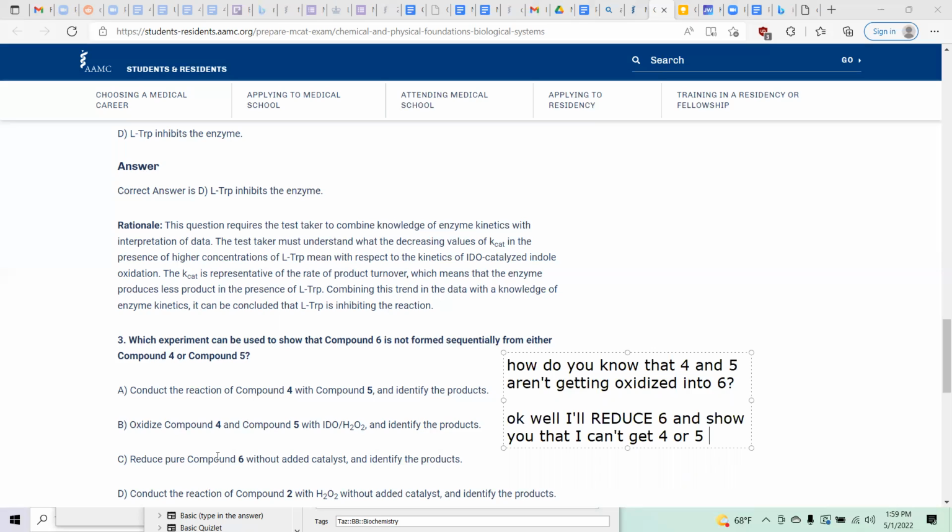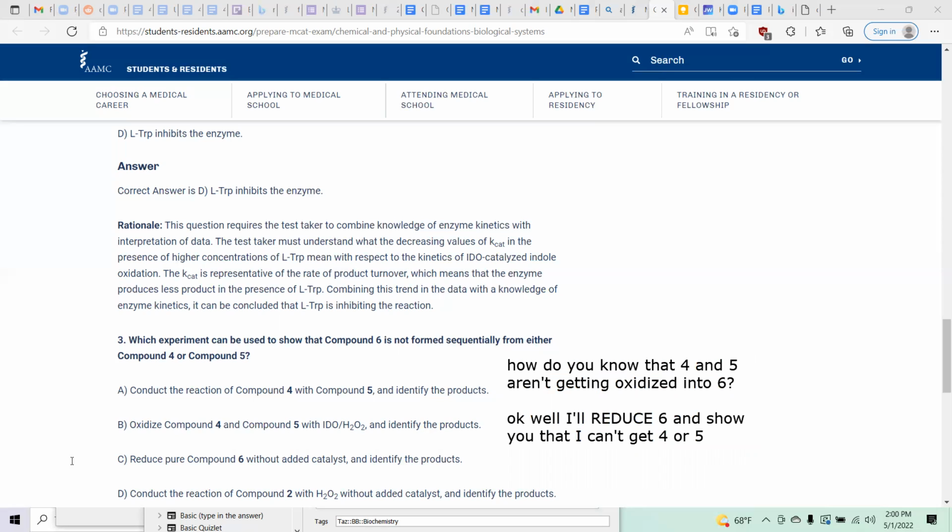So even though in theory reducing 6 and going back seems fine, without added catalyst is a hole. It could be that when you add the catalyst, it still works, but that's not what this answer choice is saying. So we want to choose the strongest choice, and it wouldn't be C because it's not as identical of a match, basically.